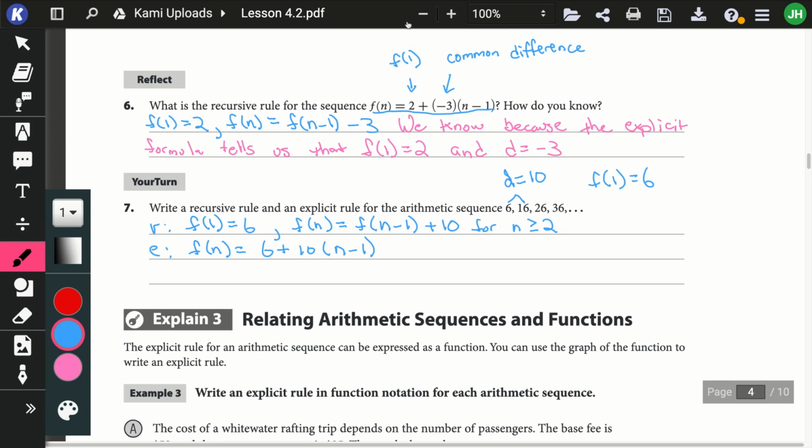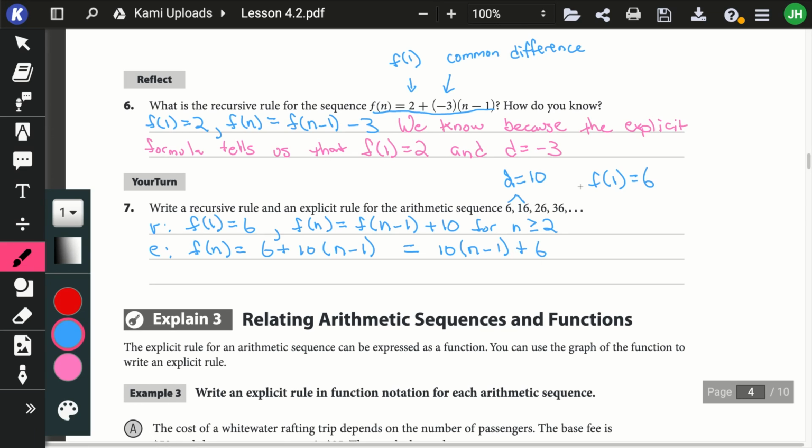We could say that f of n equals 10 times n minus 1 plus 6. But we could do it this way too. Actually, correct notation is going to always have your constant at the end. So we probably want to do it this way for correct notation.